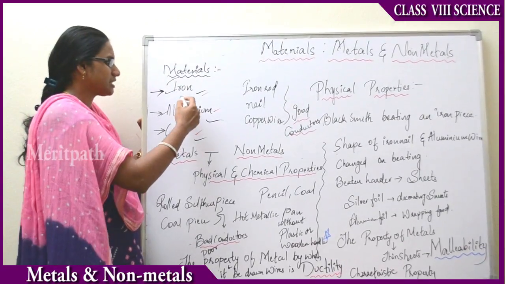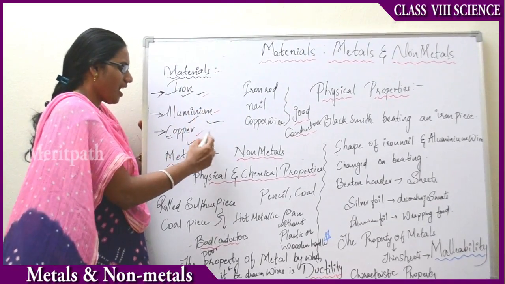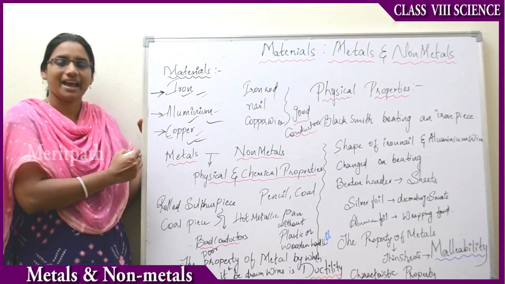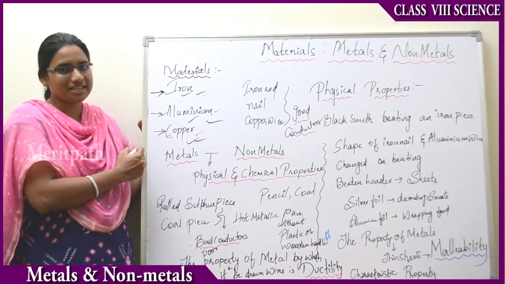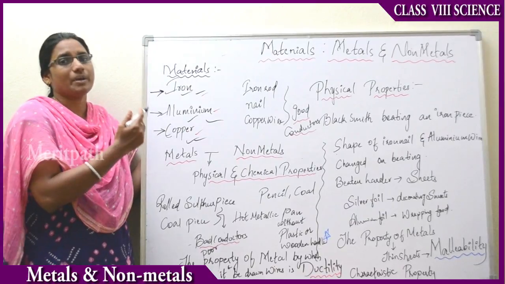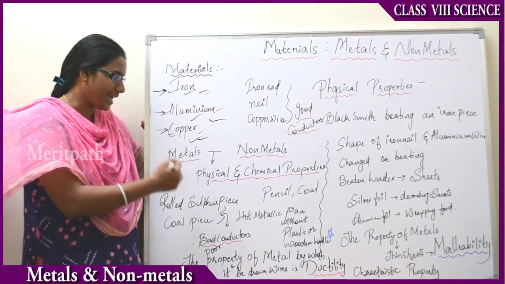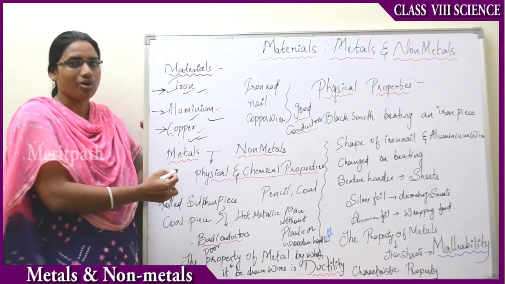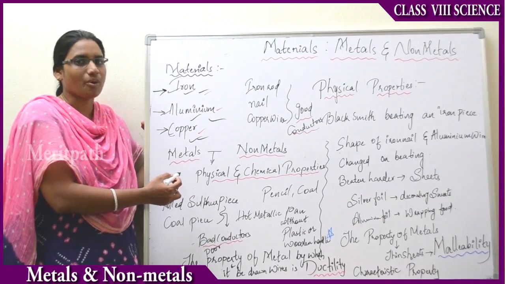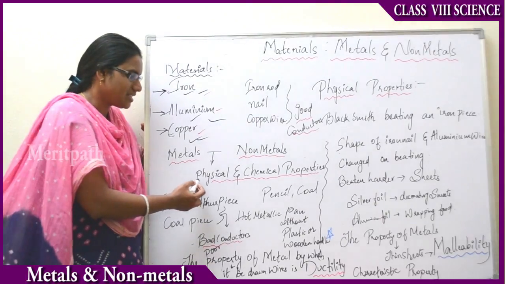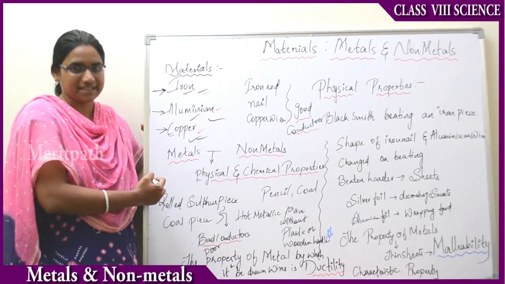Now all these materials are classified into two types: metals and non-metals. These two are classified on the basis of their characteristics or properties. Those properties are known as physical and chemical properties.